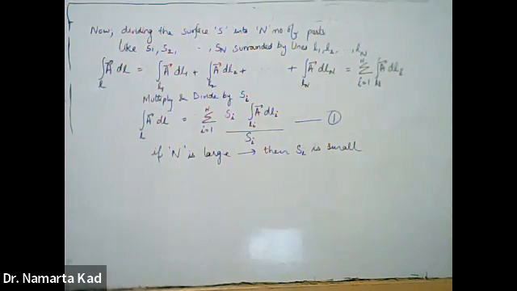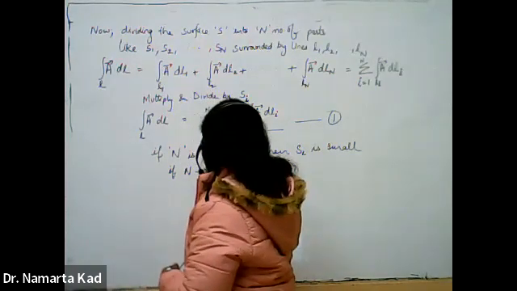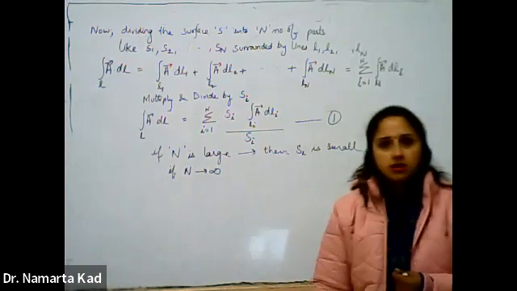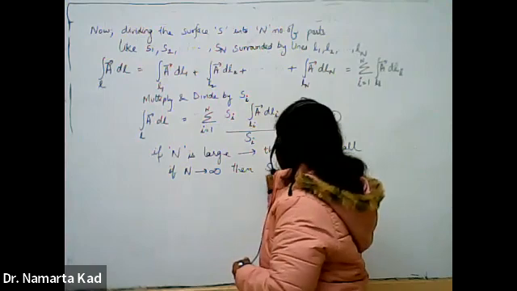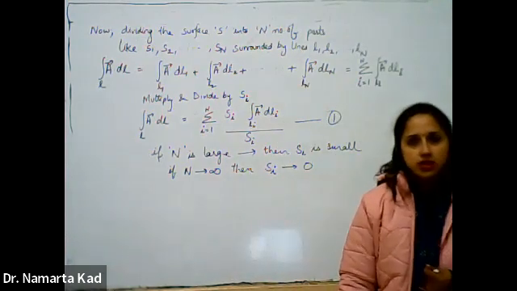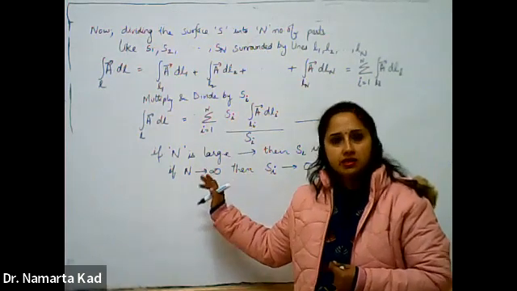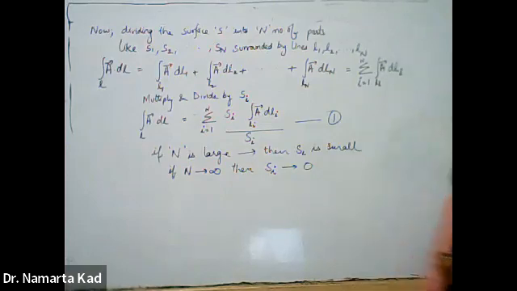So mathematically we represent it like this: if n tends to infinity, then Si tends to 0. As the number of parts increases, the surface area decreases. Now there is one limit formula that we are going to apply here.